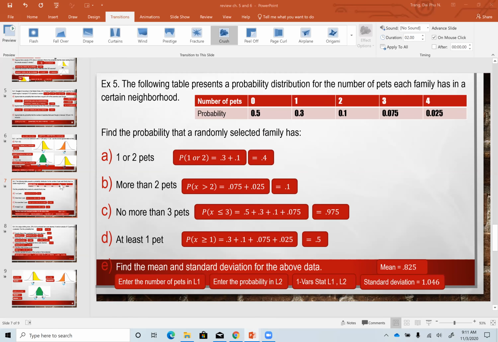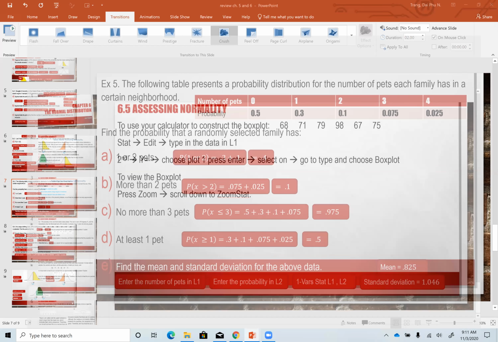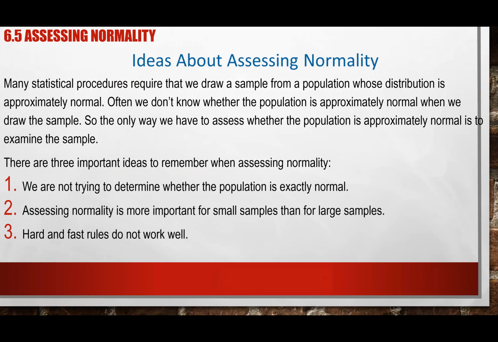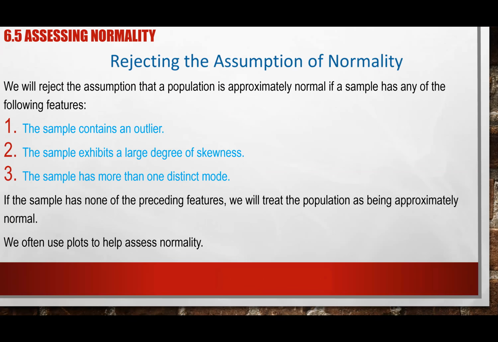Basically, what they tell you in 6.5 is, if your data has an outlier, then we cannot use it. If you look at the information, can you guesstimate that we can use the normal distribution to do it? If there's an outlier, we cannot do it.